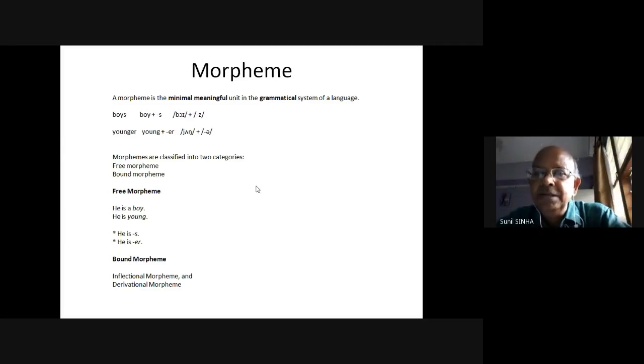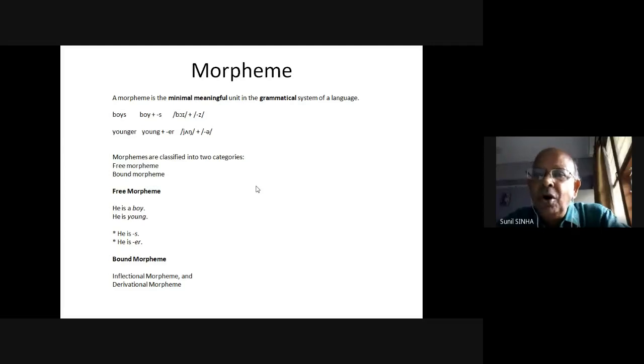For example, he is a boy. Now, boy is an independent word, it can occur independently in this sentence. He is a boy. He is young. Young can occur independently. It can stand alone. And we have already said that boy is a morpheme and young is a morpheme.